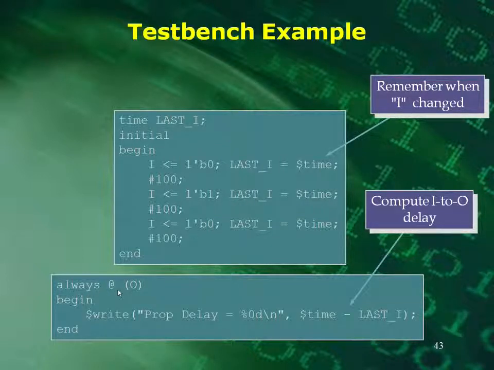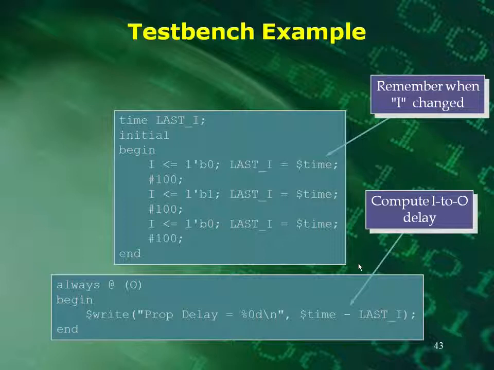Then down here, I've said always @(O). Anytime the output changes, I'm telling it the propagation delay equals the current simulation time minus the last time we recorded. That way we can compute an input to output delay.